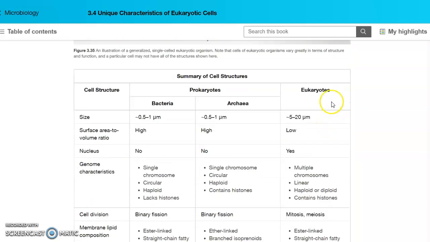The other thing that's going to be different when we look at eukaryotic cells is that on average the size of eukaryotic cells is going to be larger, and the eukaryotes themselves are going to be larger.